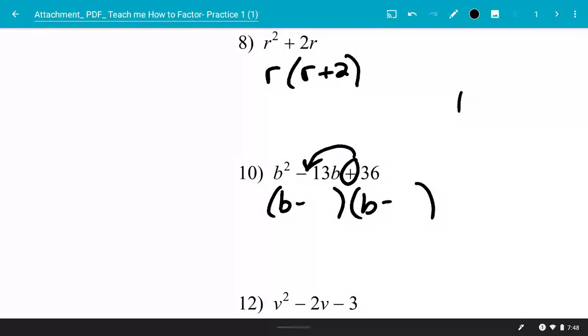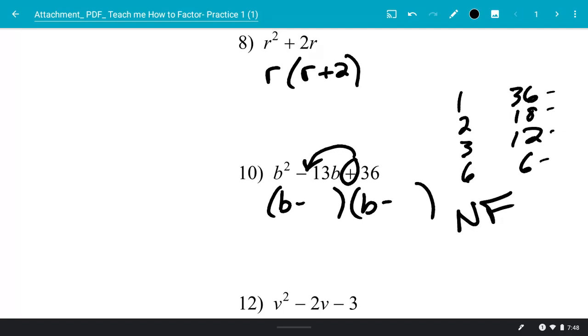Factors of 36: 1 and 36, 2 and 18, 3 and 12, 6 and 6. Which of those come together to get me a 13 with the same signs? Does not look like there is any. This would be 12, 15, 20, 37. So this would be not factorable.